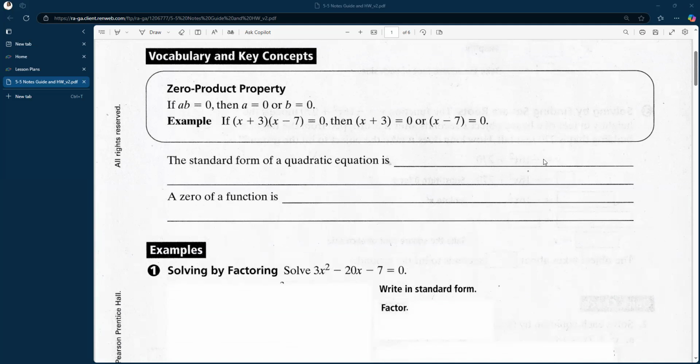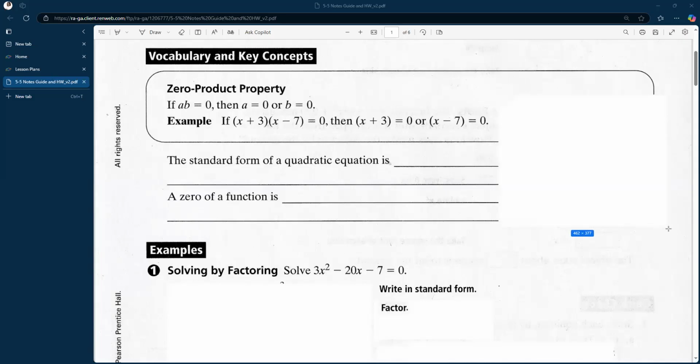If x plus 3 times x minus 7 equals 0, then x plus 3 equals 0, or x minus 7 equals 0. Let's explore what that looks like when we are considering this quadratic graphically. I'm going to give us just a little space to the right.